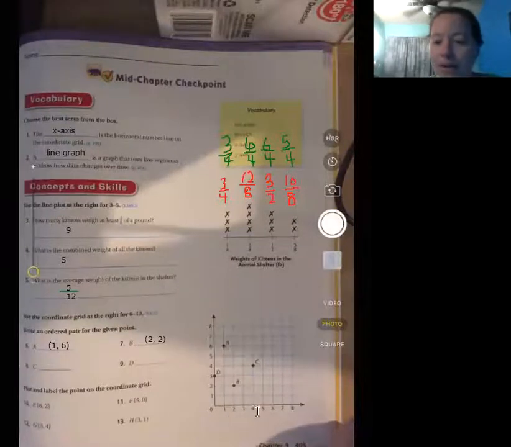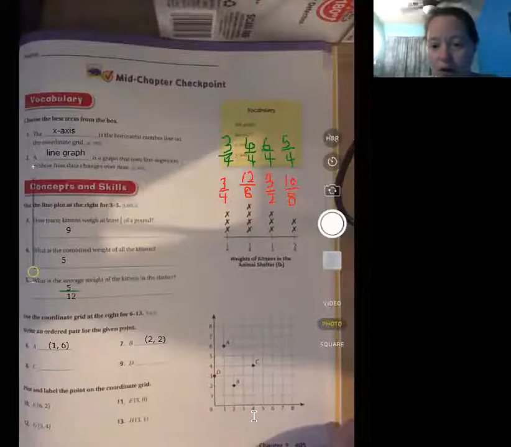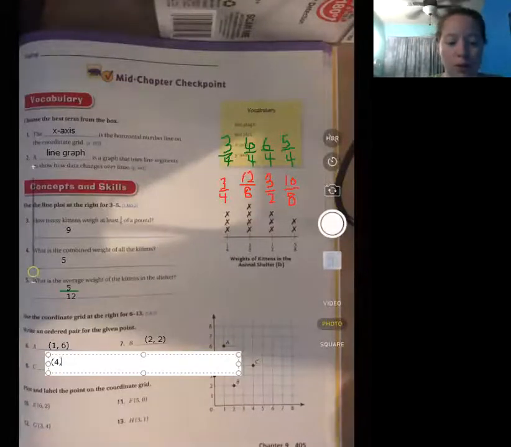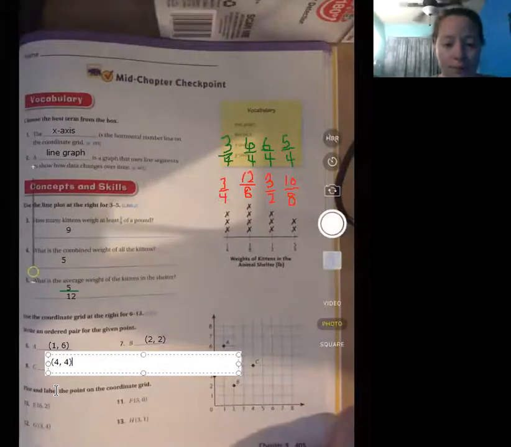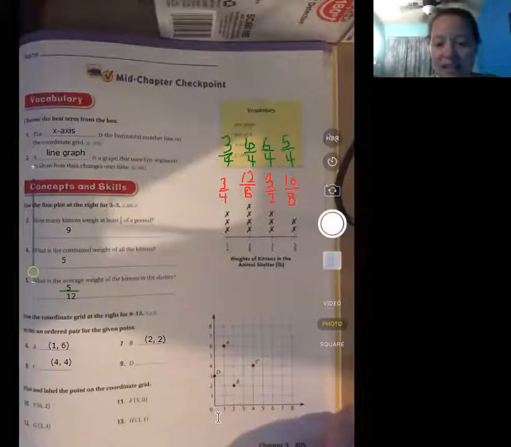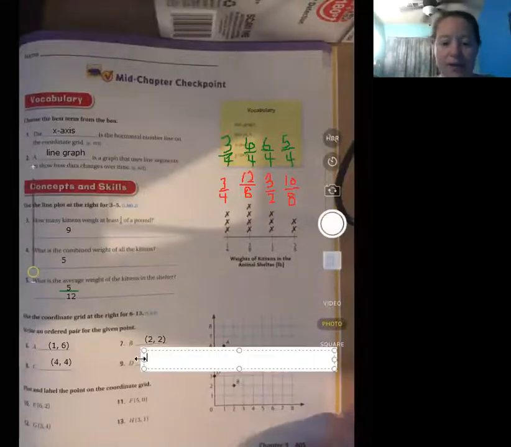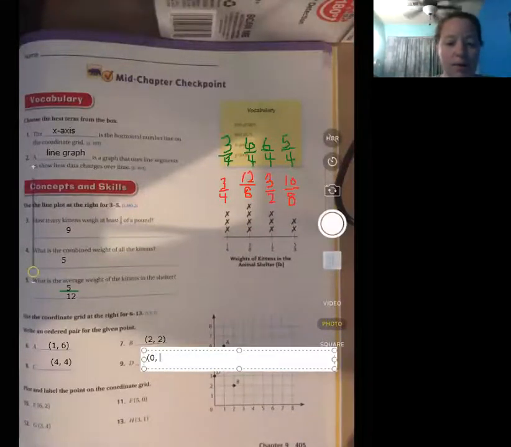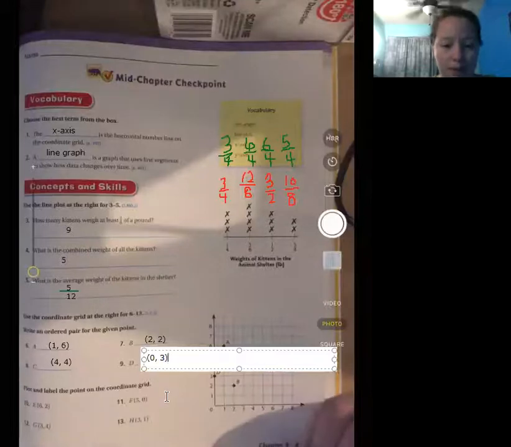Remember, bottom first, then side. So how far across, then how far up. C is 4 across and then 4 up. So it goes 4, comma, 4. D is 0 across and then 3 up. So it is 0, comma, 3.